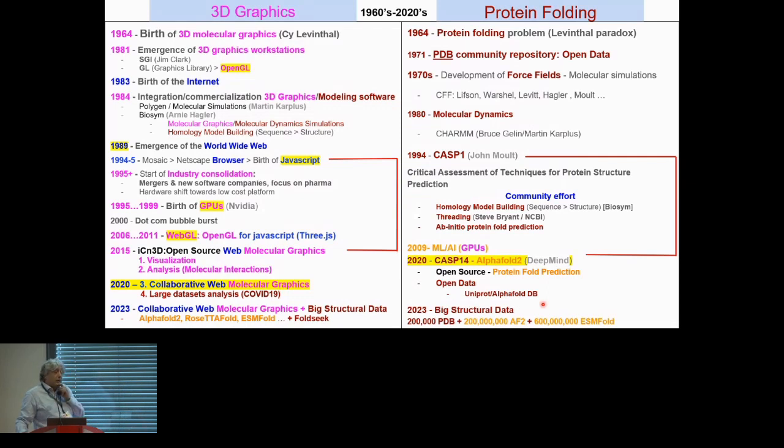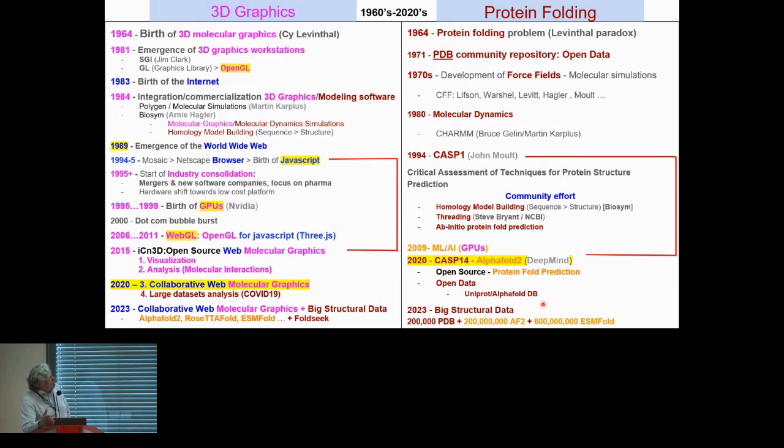in particular in the graphics part with Silicon Graphics and the development of the graphics library that led to OpenGL and much later, after JavaScript, to WebGL, which is what allowed us to develop iCn3D much later.